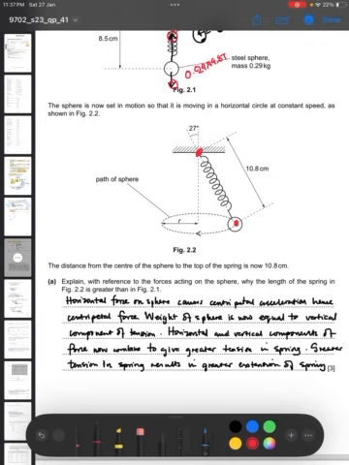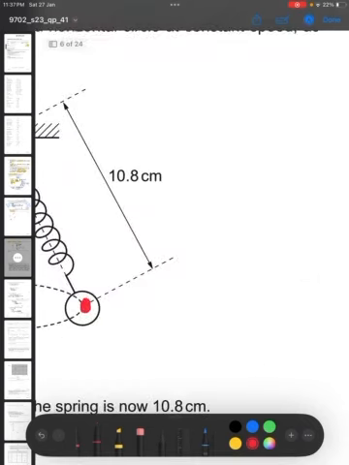Explain with reference to the forces acting on the sphere why the length of the spring in Fig 2.2 is greater than in Fig 2.1. Now, remembering Hooke's law, as I told you, for there to be an increase in extension, there must be an increase in load in the spring. So our only question, as the question already hinted to us, is to justify that there are more forces.